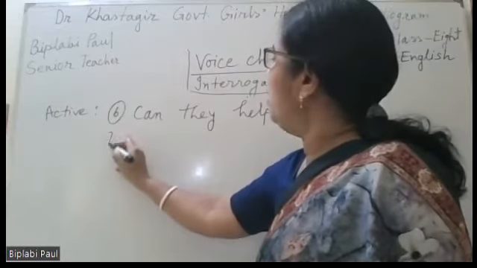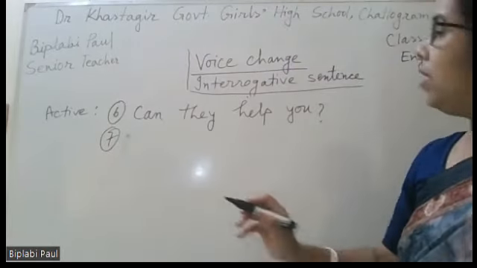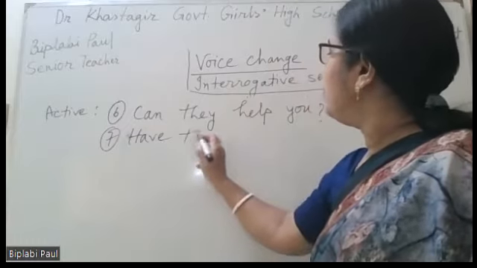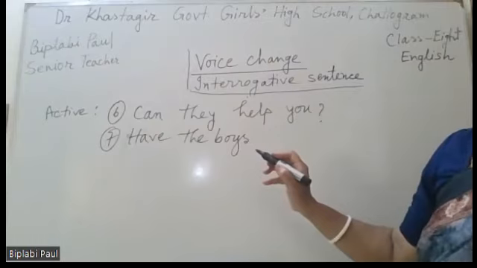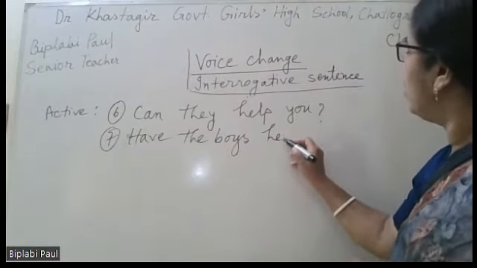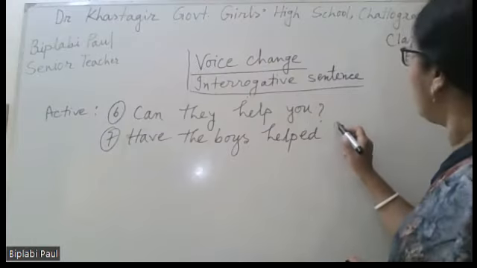Number 7 will be, I am writing active voices, you will make them passive. Have the boys helped Rahim?